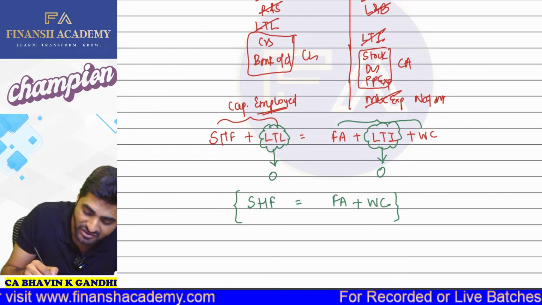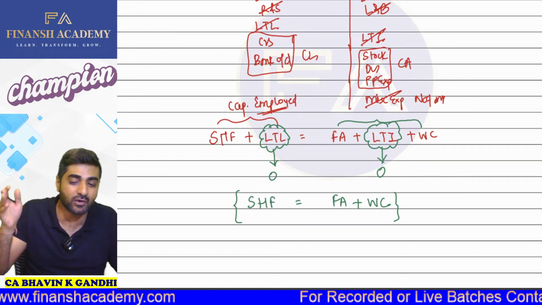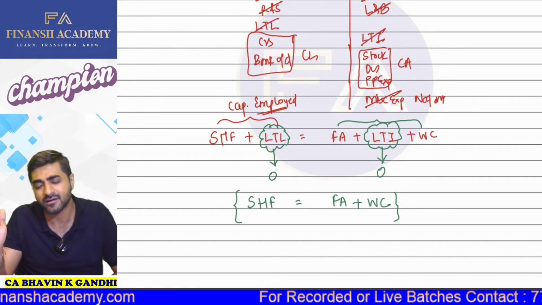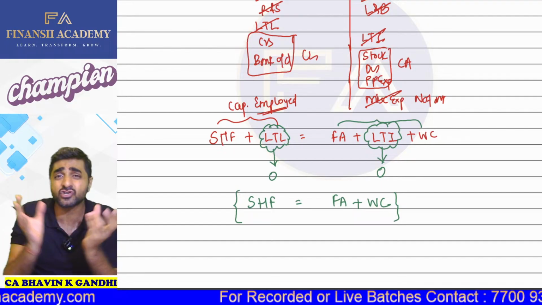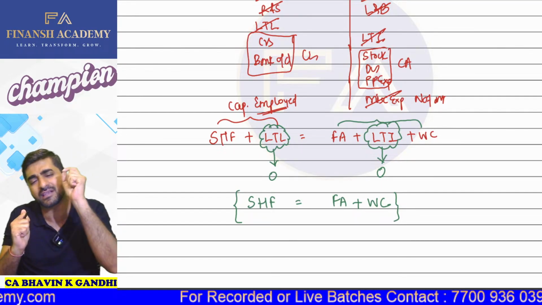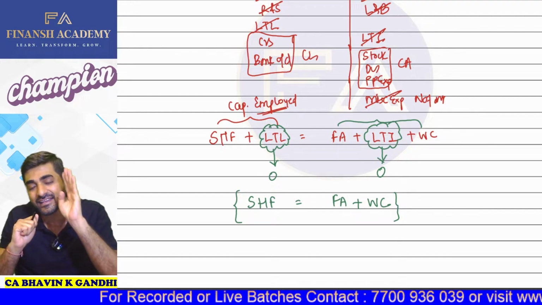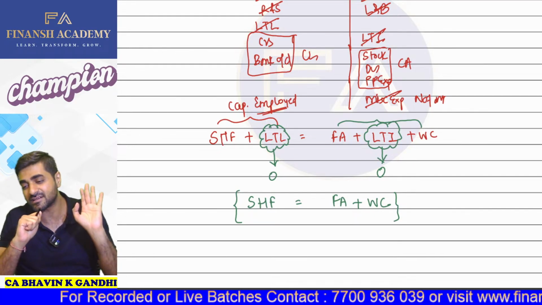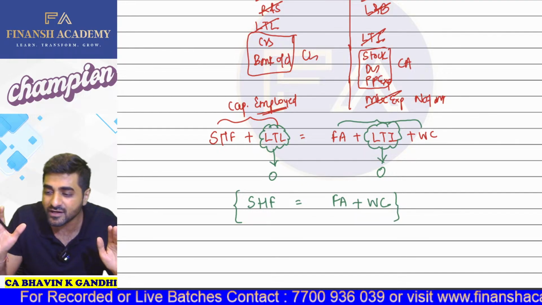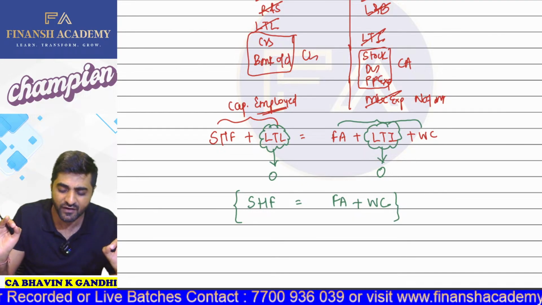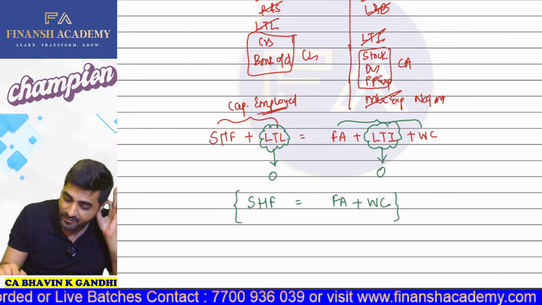So shareholders' funds equal fixed assets plus working capital. This is a very short and precise formula for the basic accounting equation in the absence of debt and long-term investments.